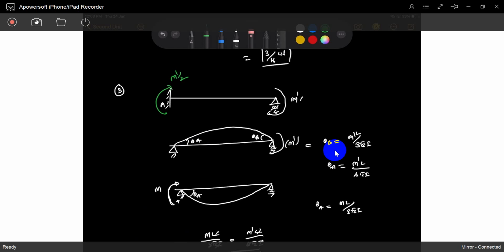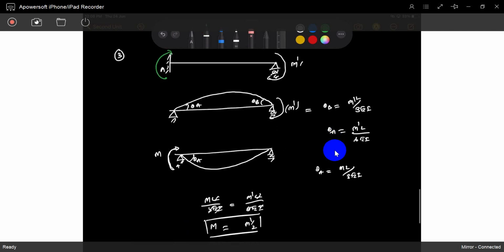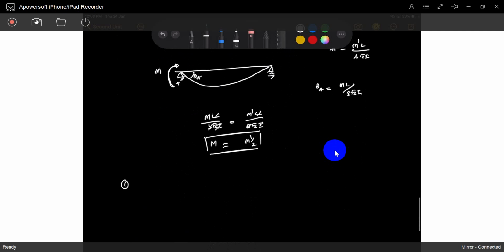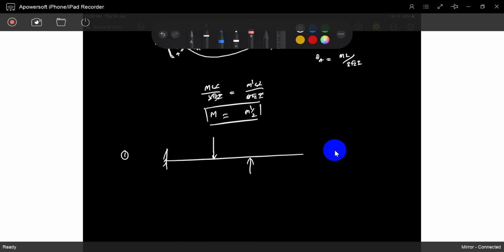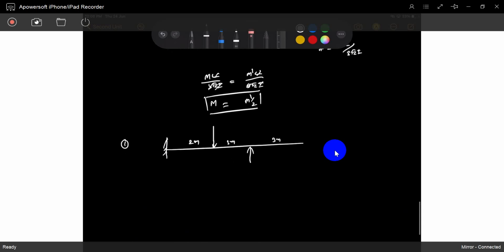Are you understood? So now you can also solve some of the overhang problems if they are there. If something overhang is there, what will you get? If it is 2 meters and 3 meters, can you solve it now?